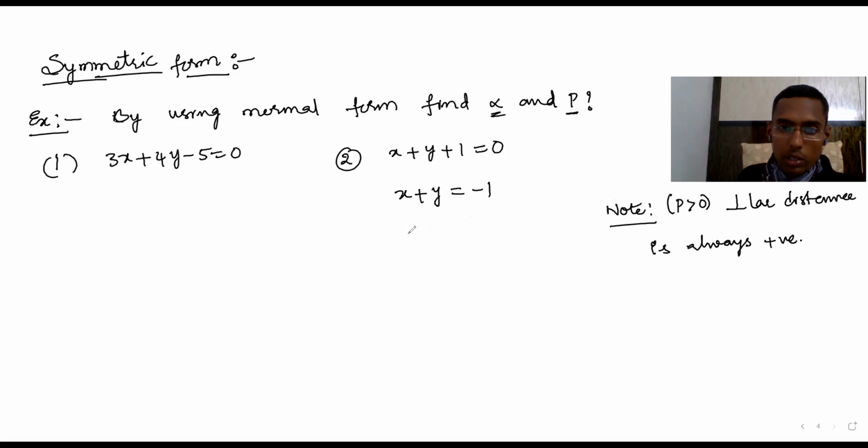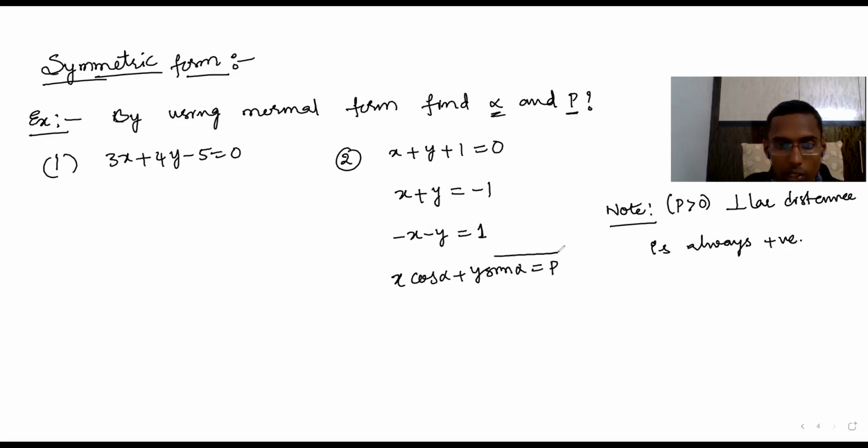Therefore, what you should do: minus x minus y equal to 1. Now this is p, which is positive. So the first step is this: the constant you have to bring to the other side. Second step: compare with x cos alpha plus y sin alpha equal to p. In the place of cos alpha, sin alpha and p, you should check what is there.